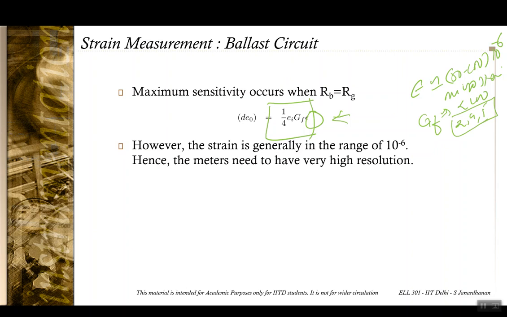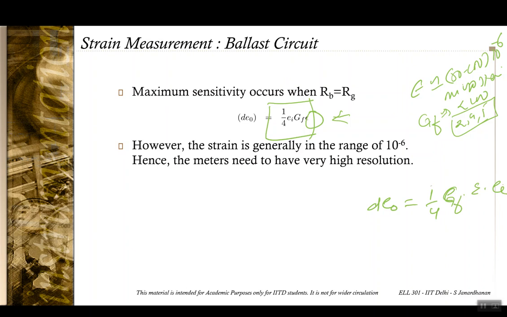So what you end up with is that the change in the output is going to be 1/4 times GF times epsilon times Ei.